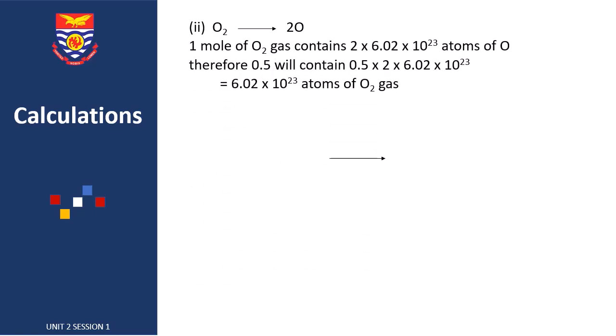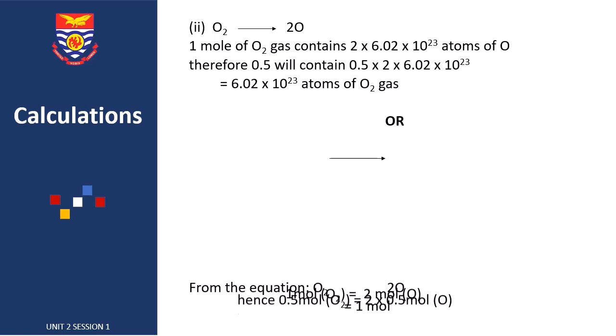And so, if 1 mole of oxygen gas contains 2 times 6.022 times 10 to the power 23 oxygen atoms, then 0.5 will contain 0.5 times 2 times Avogadro's number, and that will give us that beautiful answer. Or we can do our mole ratio to find the corresponding moles of the oxygen atoms.